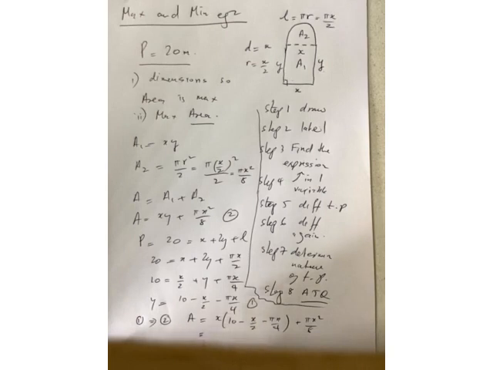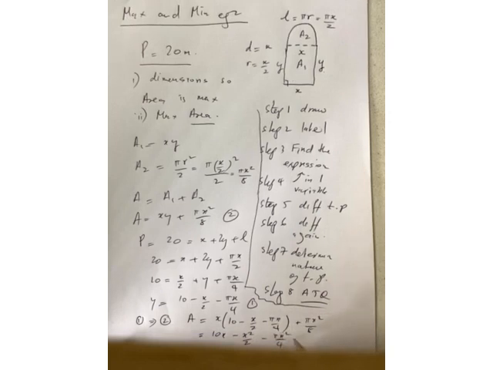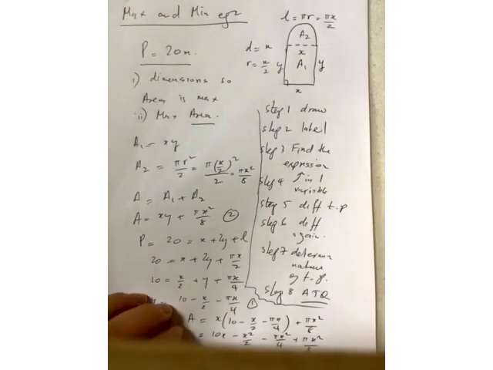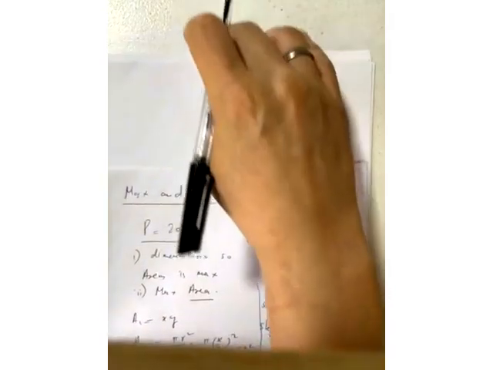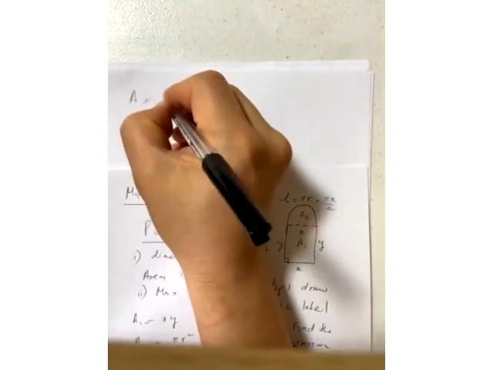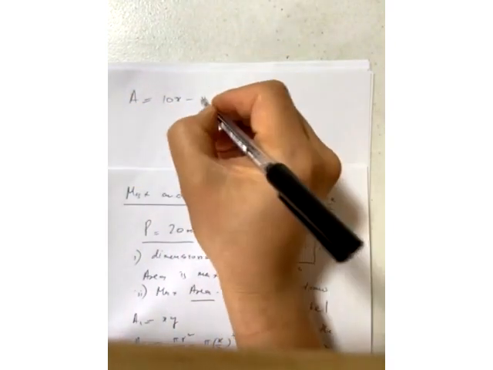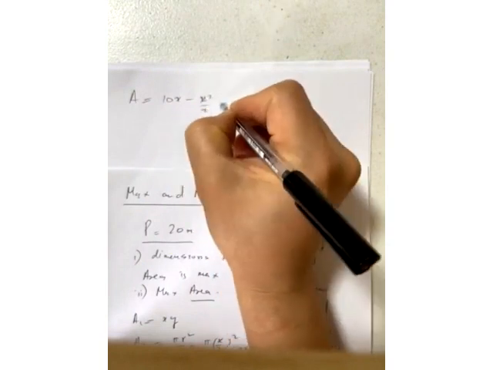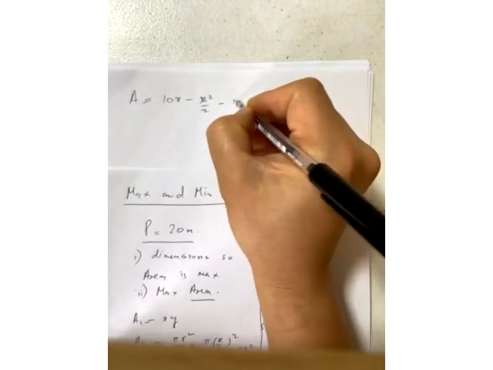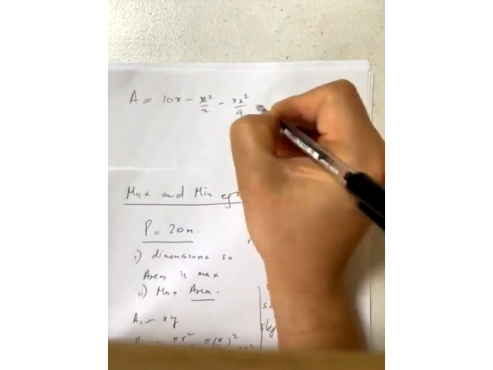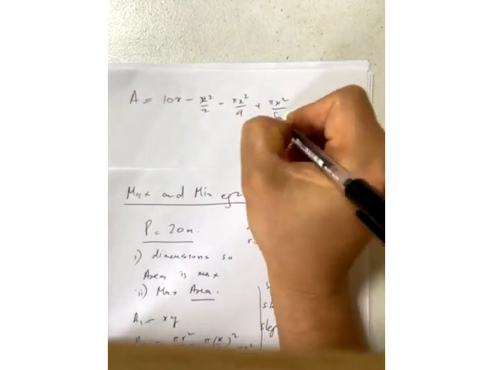And if you expand that, what you get then, let me continue on the next page, is that you get 10x minus x squared on 2 minus pi x squared on 4 plus pi x squared on 8.